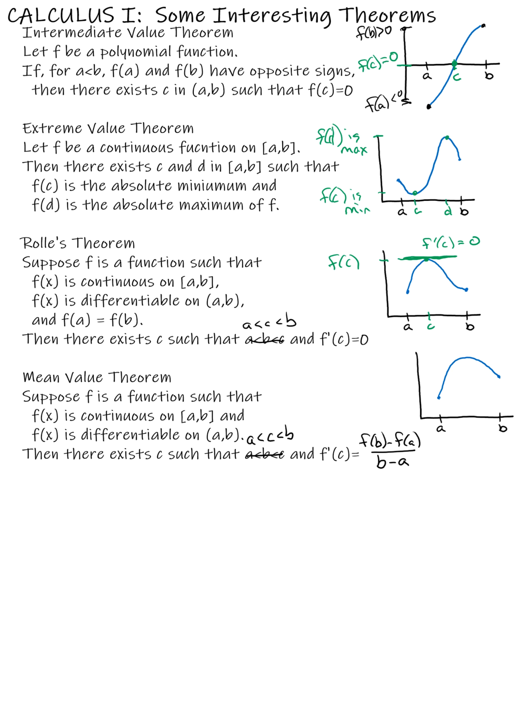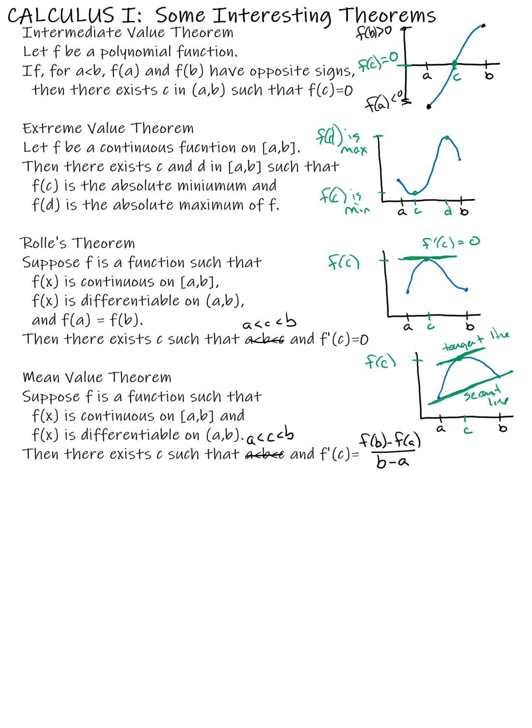But what's going to happen here is if we take a look at the secant line, it turns out there's going to be a c value somewhere in here, I think it's going to be right around there, some c value, such that if we take a look at the slope of the tangent line at that point, those slopes are equal. So the slope of the secant line is going to be equal to the slope of the tangent line. In other words, they are parallel.